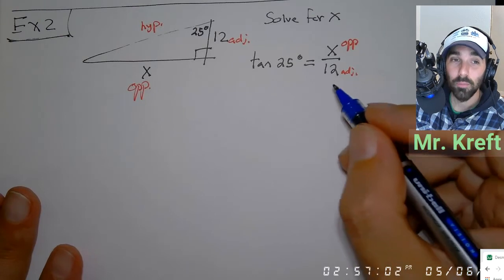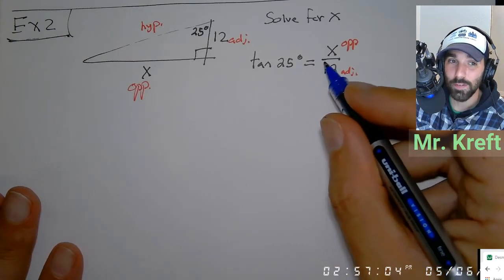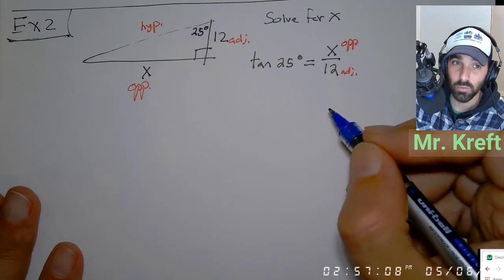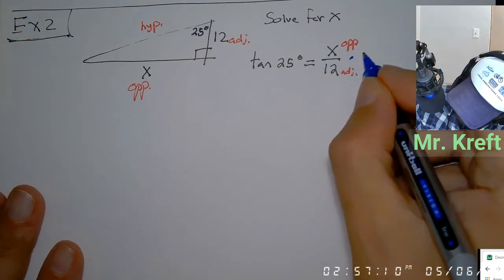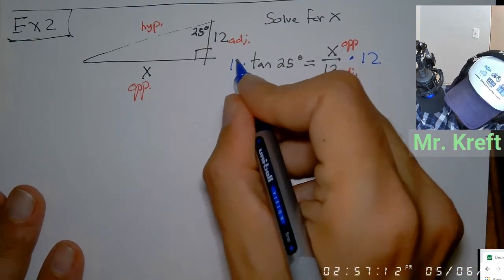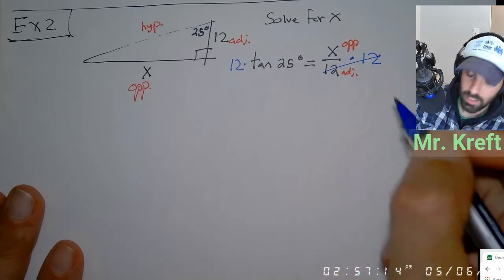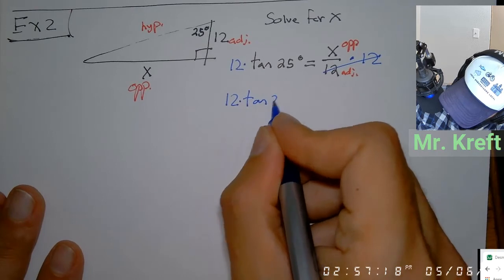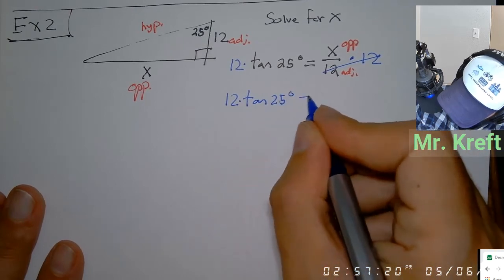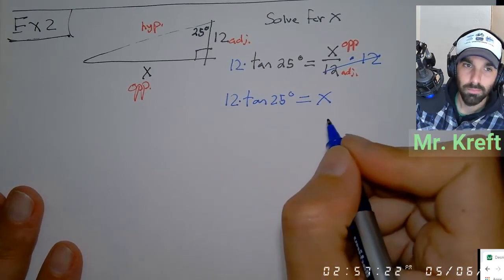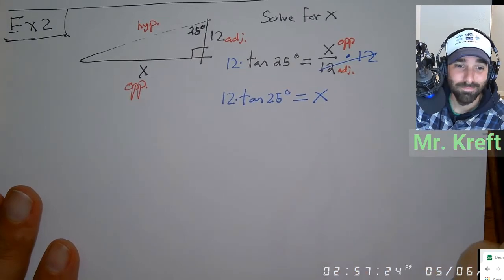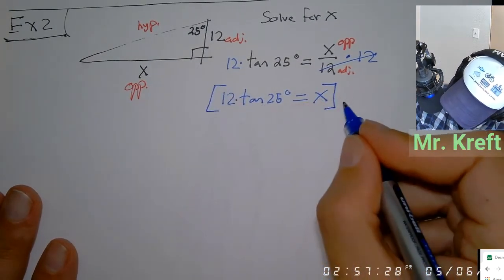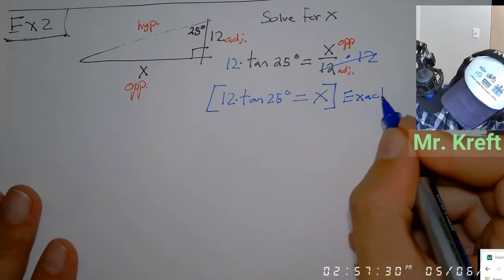But I don't want this divide by 12. How do we undo divide by 12? We multiply. So I'm going to multiply both sides by 12, and I get 12 times the tangent of 25 degrees equals x. That's it, really nice and easy. This is my exact answer.